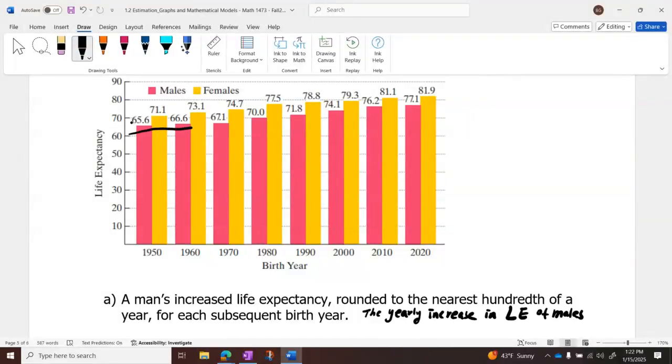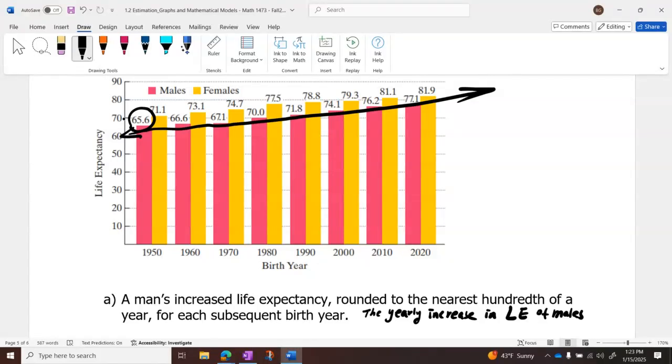There is a linear increasing pattern, right? So from 1950 to 2020, the life expectancy for males has increased. Has increased how much? In 1950, the life expectancy is 65.6, and then it goes up, and up.